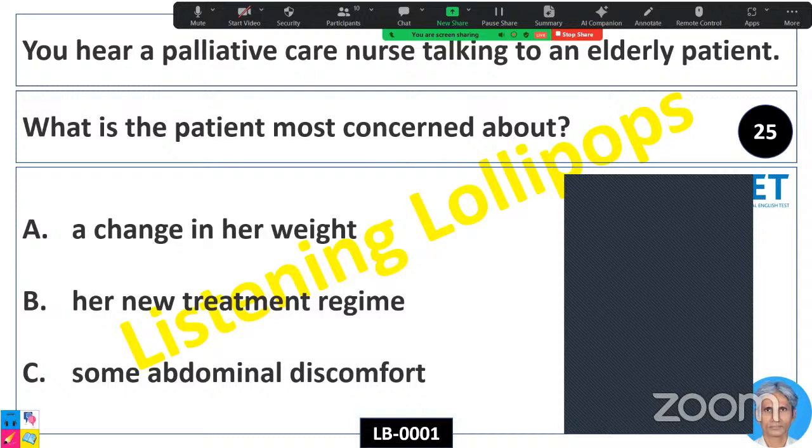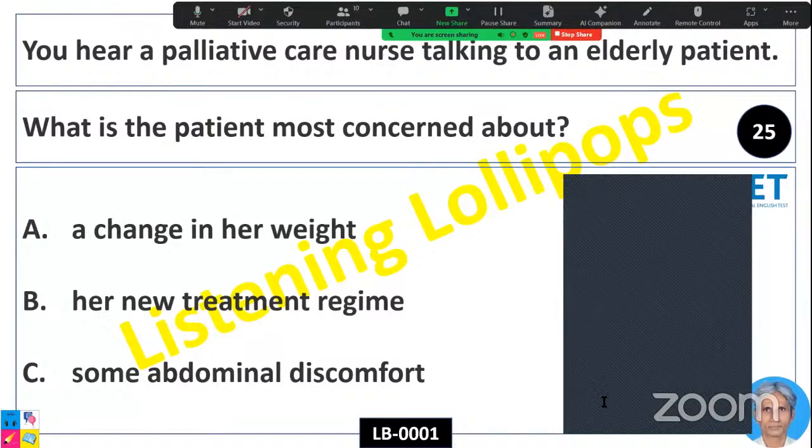Right. Now we are going to listen to the audio. Before that, I'll ask you one thing. Option A. What is the most important word in option A? Concerned about what? About something, so a noun.